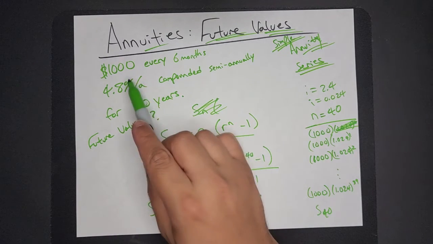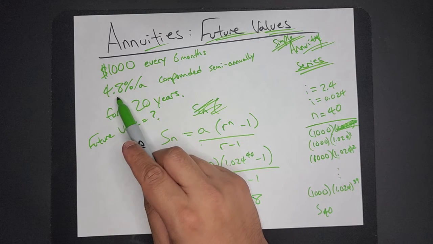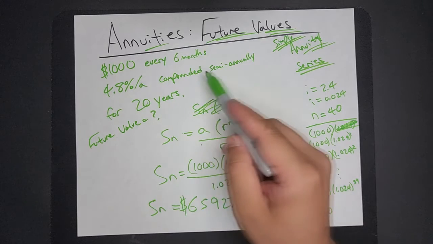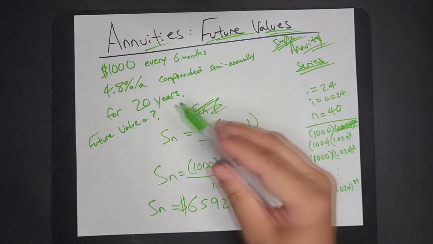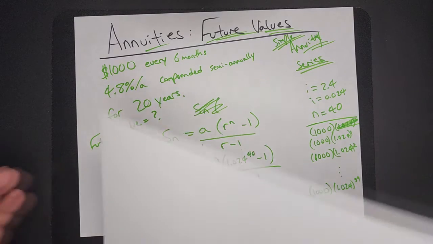If every 6 months you put $1,000 into an account that is earning 4.8% interest per year, compounding semi-annually for 20 years, you can actually save up $67,927. Enough to save up for a used Porsche. Well, let's look at one more example.